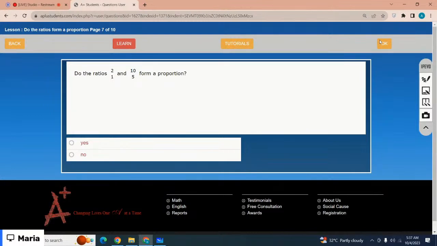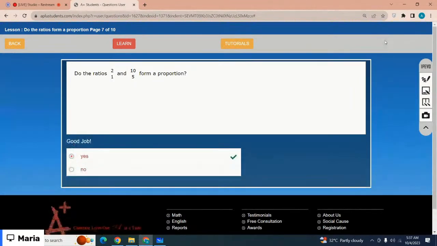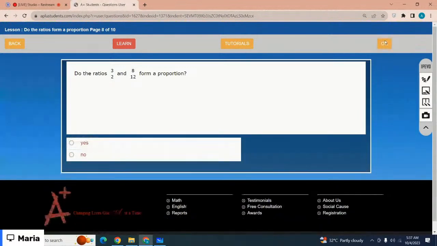Correct option is yes, they form a proportion. Do the ratios 3 by 2 and 8 by 10 form a proportion? Yes or no?